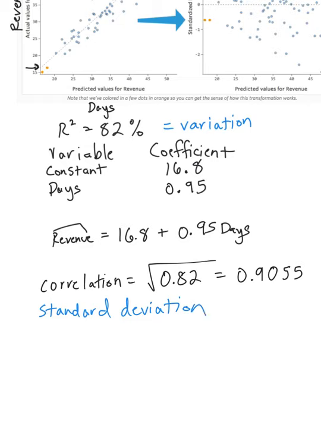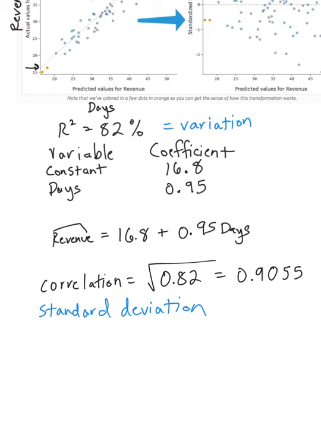And if we were to say, okay, what would you expect from a value that is 2 standard deviations below our line, which means it was probably a bad sales day. Maybe it had a little rainstorm.